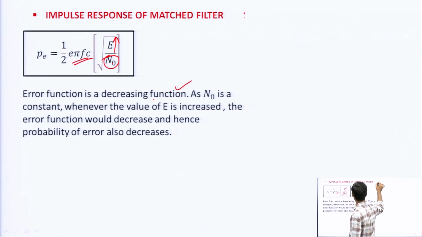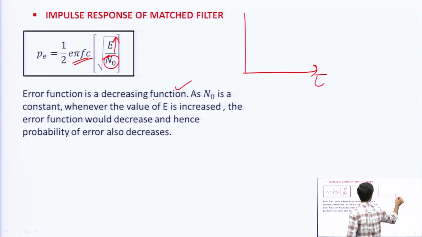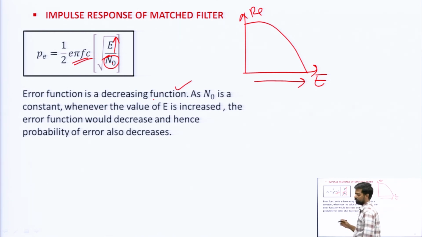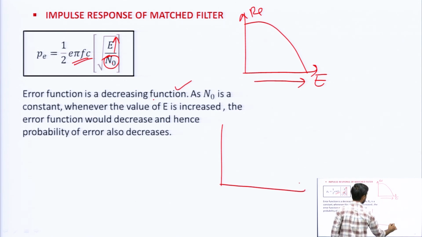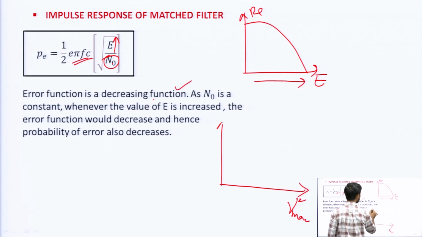That is, when your energy E is increasing, your probability of error would be decreasing. So, I can say that when gamma max square, that is SNR, is increasing, the probability of error is also decreasing.